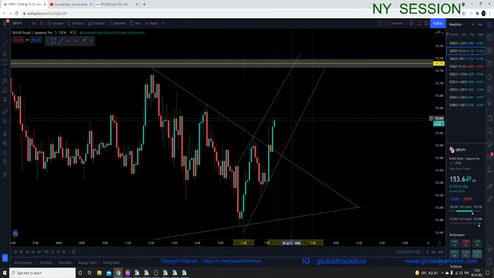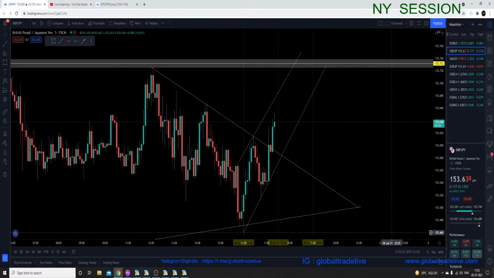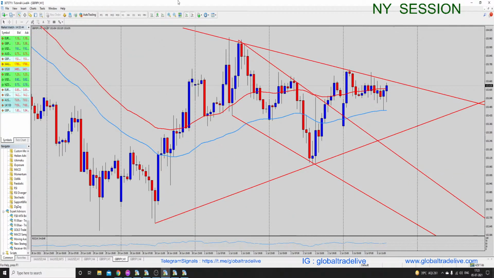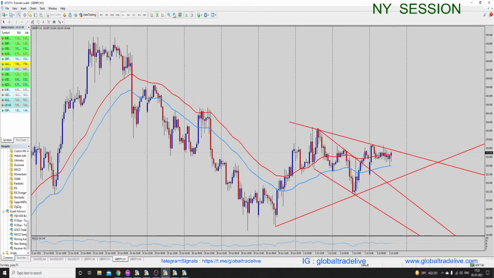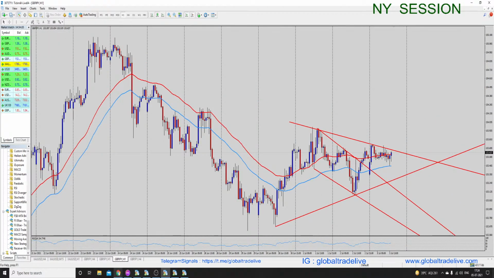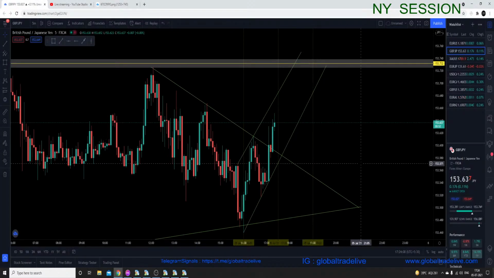Need to wait and see where this candle will be closing. 53 seconds remaining for the 5-minute candle to close.